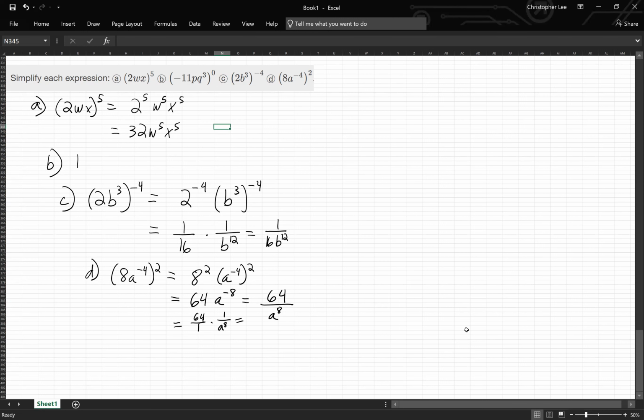Notice that the exponent applies to both the numerator and the denominator. So we see that x over y to the third power is x to the third over y to the third. This leads us to the quotient to a power property.